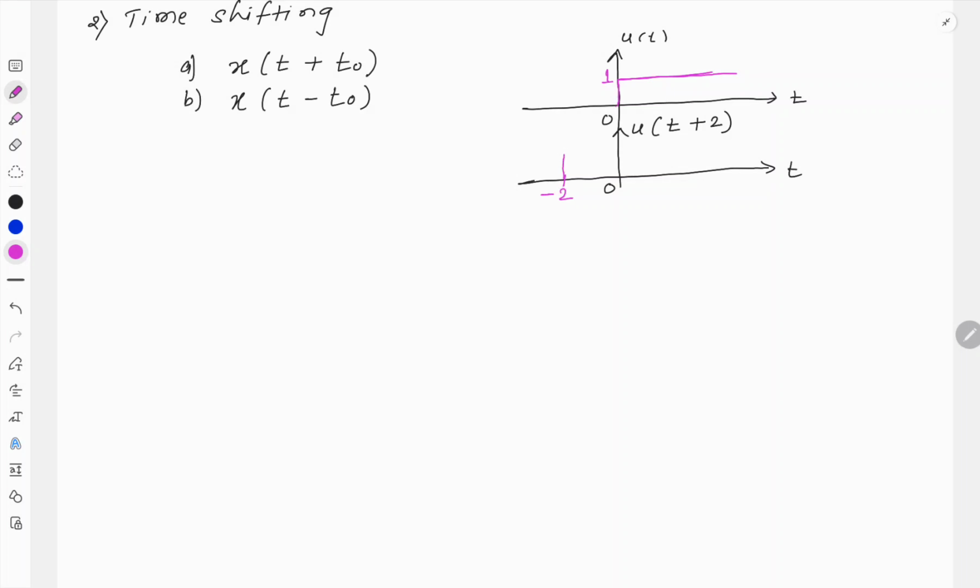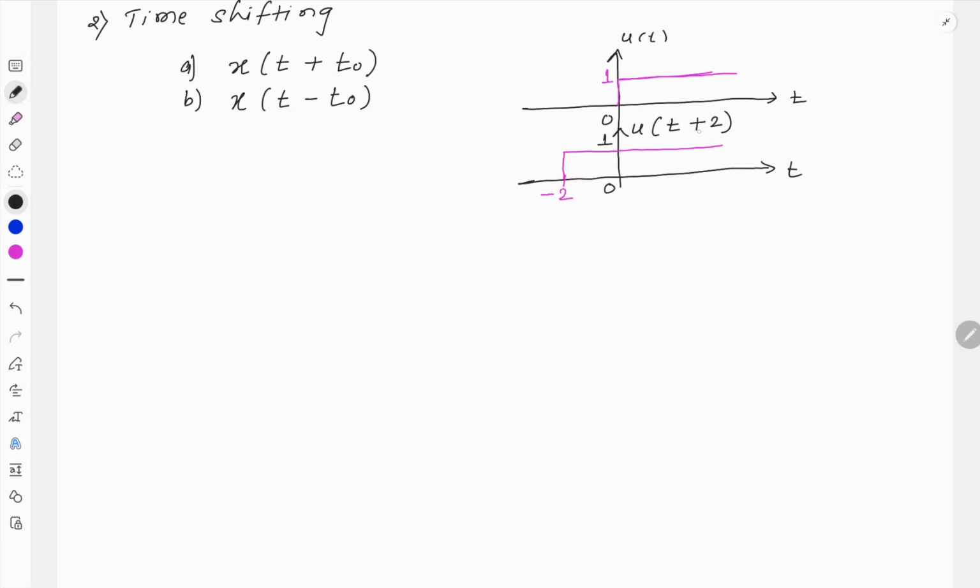And as it is, we are going to draw the signal without changing its direction. So in this way, the signal has amplitude 1, it is approaching towards positive infinity, and simply it is shifted from the origin towards the left by amount 2.